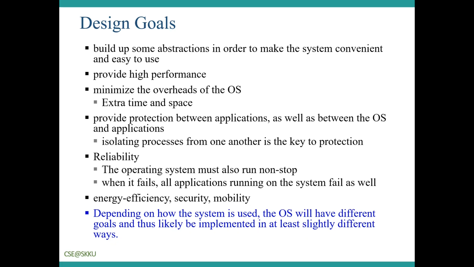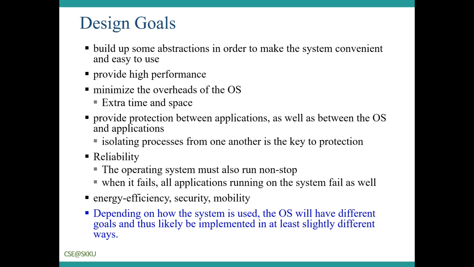Another key goal is protection. Making sure programs don't mess with each other or with the operating system itself. Since we often want to run lots of programs at the same time, we need to make sure that if one crashes or misbehaves, it doesn't take down the whole system or affect other programs.